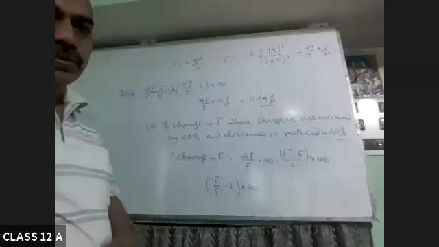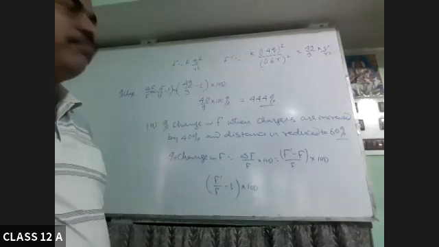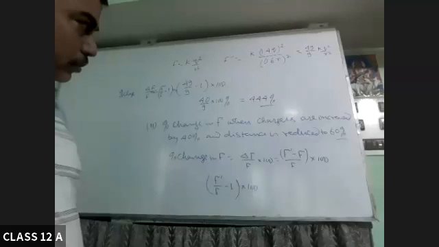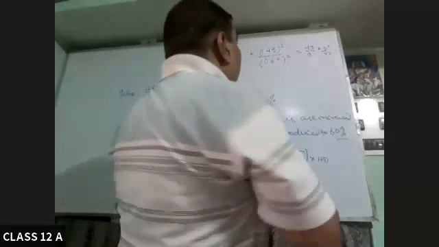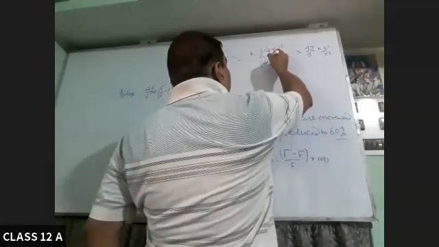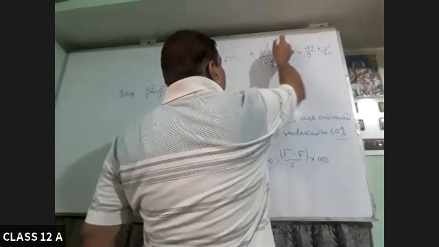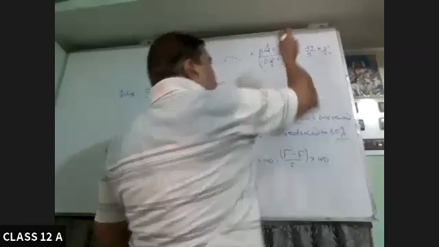So the force will increase more than 4 times. Sir, how the 49 by 9 is coming? So when you remove the decimal, what will happen? This is 3, this is 7. The square of this is whole square. Yes, yes.